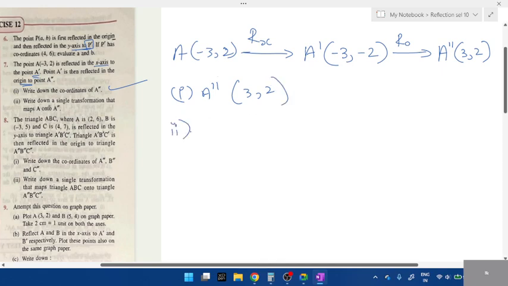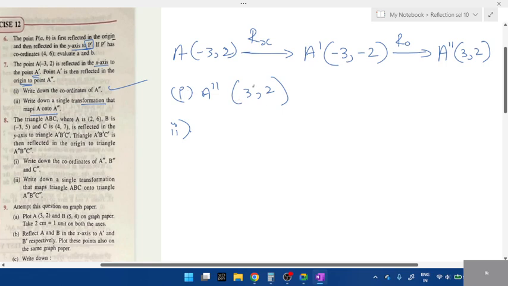Second one. Write down a single transformation that maps A onto A double dash. Till here is it clear?